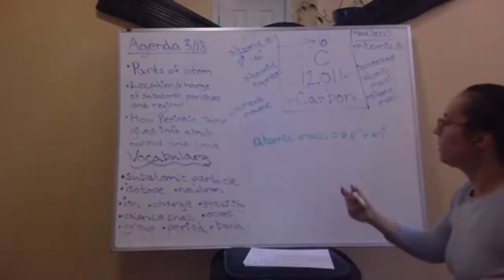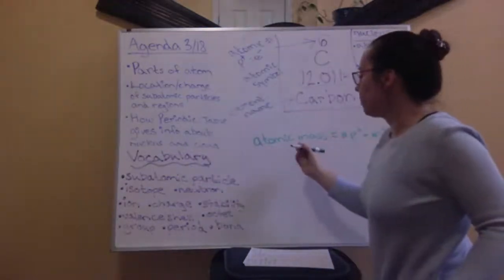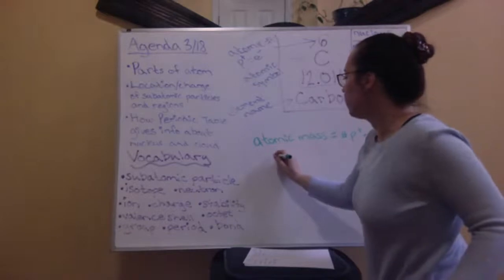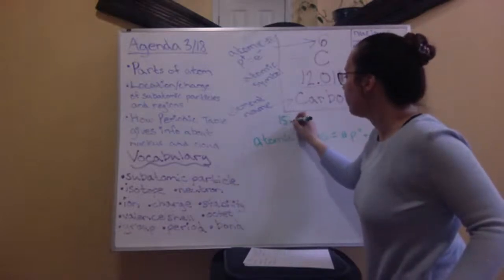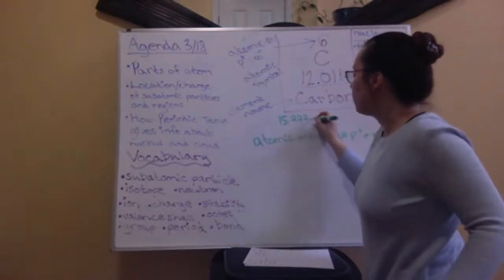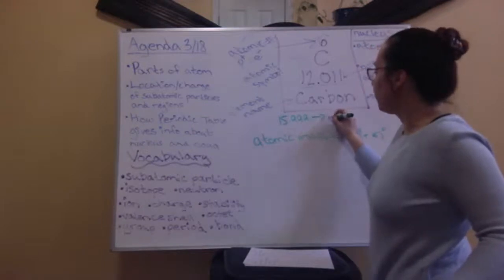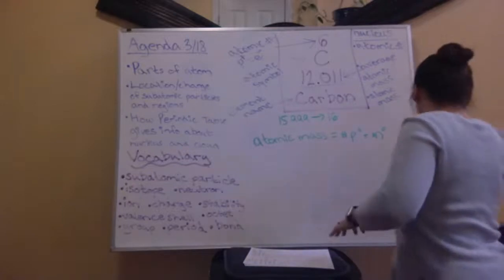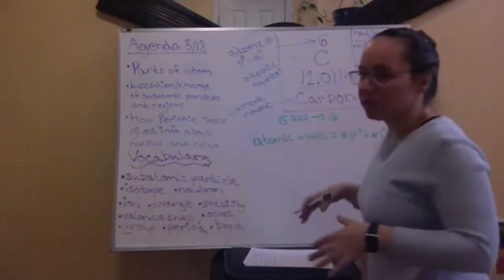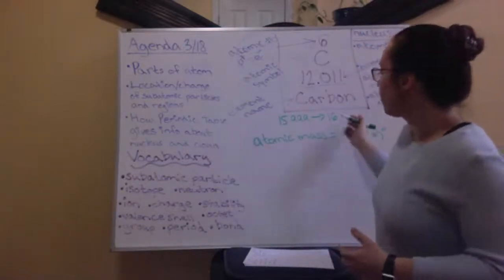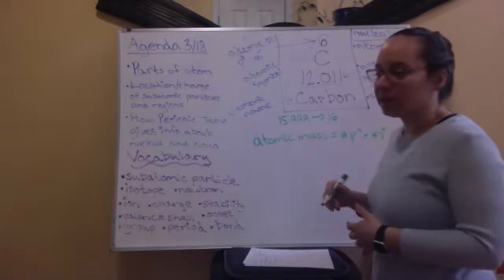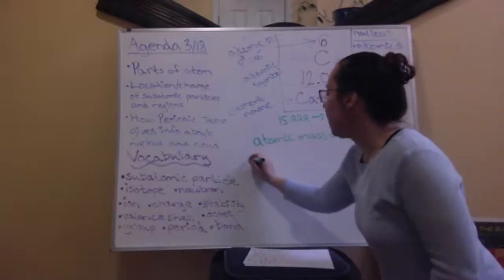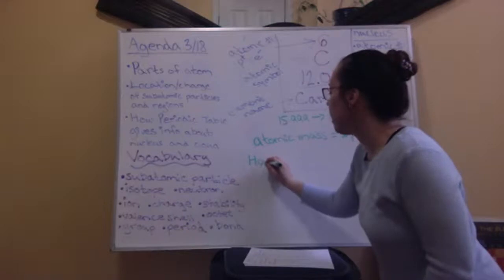So oxygen has a mass number of 15.9999. So really, we can just round that to 16, okay? So whenever you're working the problem, just take whatever the mass is, round to the nearest whole number. So if we round to 16, and let's say the question says, how many neutrons in an oxygen atom?